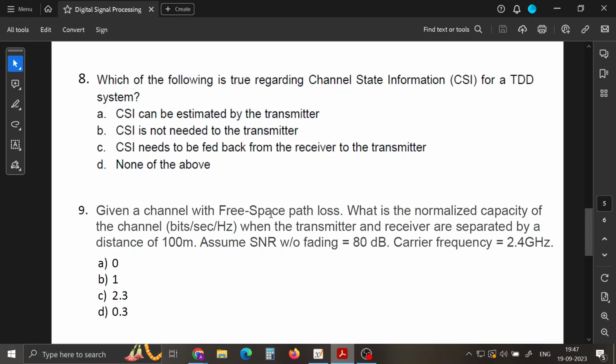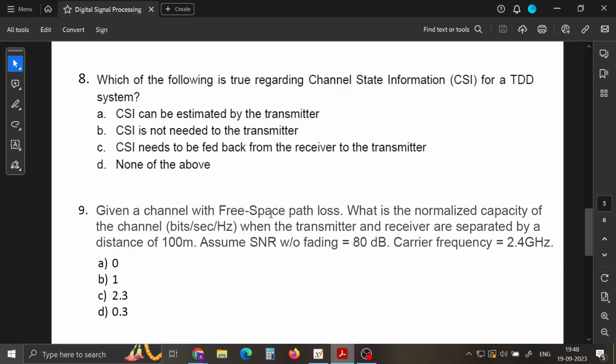But in TDD there is no such thing. There is only one frequency, both base station and mobile are transmitting, and the transmitter is actually having the CSI. So CSIT is actually estimated by the transmitter itself. So that's the idea in TDD. So here option A, CSI can be estimated by the transmitter, that's the correct option.